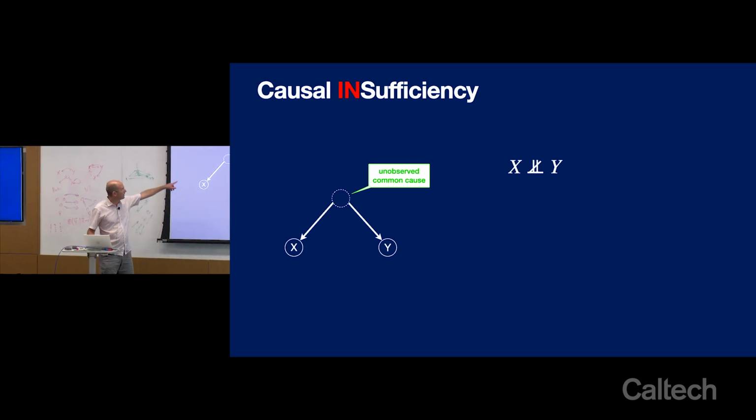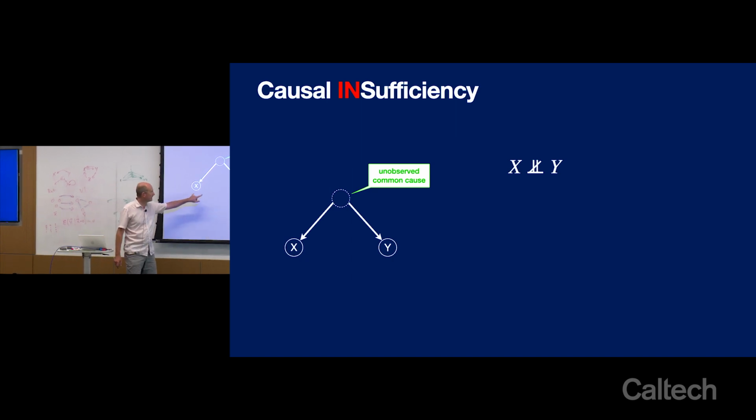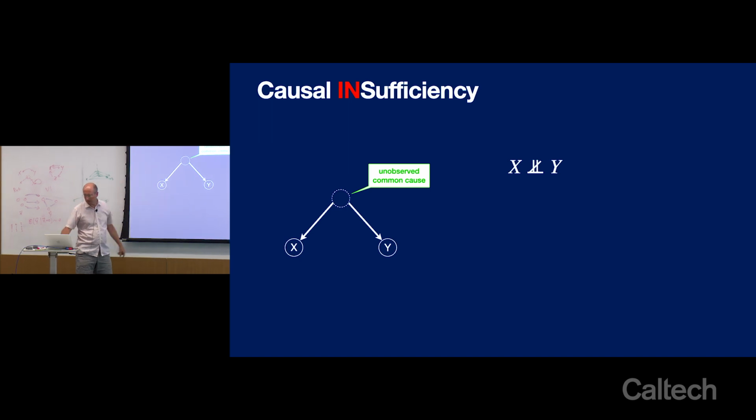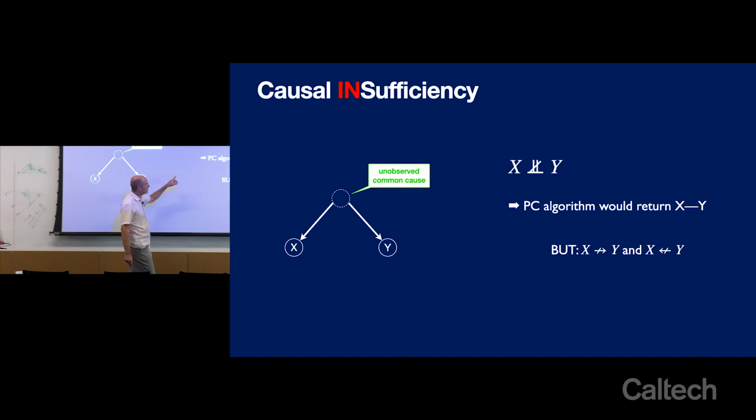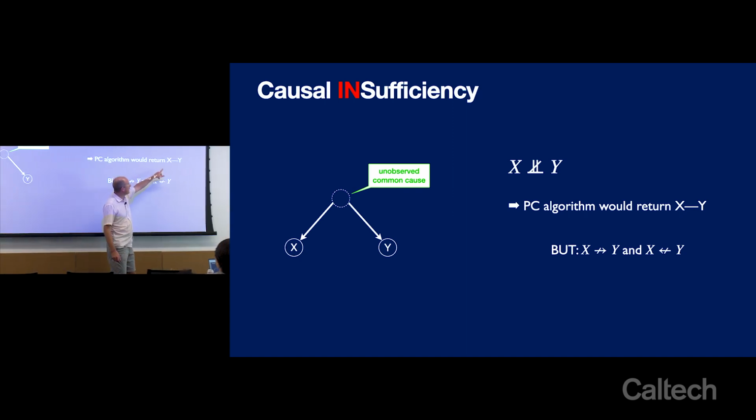So, okay. Not cycles, but the causal insufficiency. What about if there are unmeasured common causes? Then x and y would be dependent. We discover a dependence in the data. And what would the PC algorithm do? It would return an undirected edge.